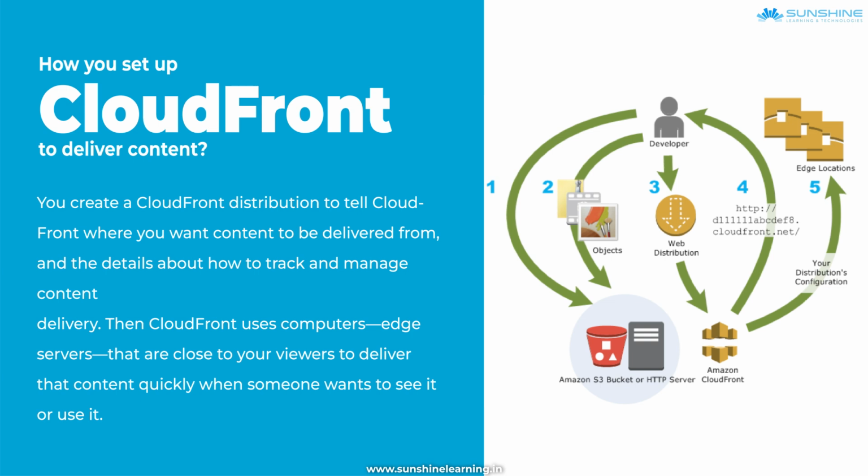The CloudFront distribution gives a domain, a DNS, through which the content can be accessed, and it takes the objects from the S3 bucket and distributes them to all the edge locations across the globe. That's how the CloudFront distribution works. When a user tries to access content, instead of being routed directly to the S3 bucket, the user is directed to the nearest CloudFront edge location.